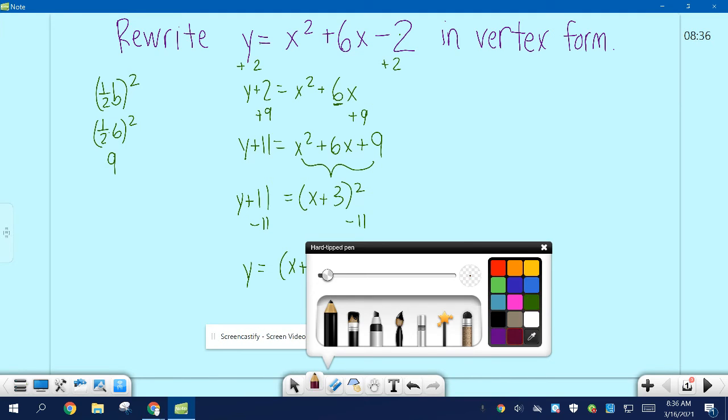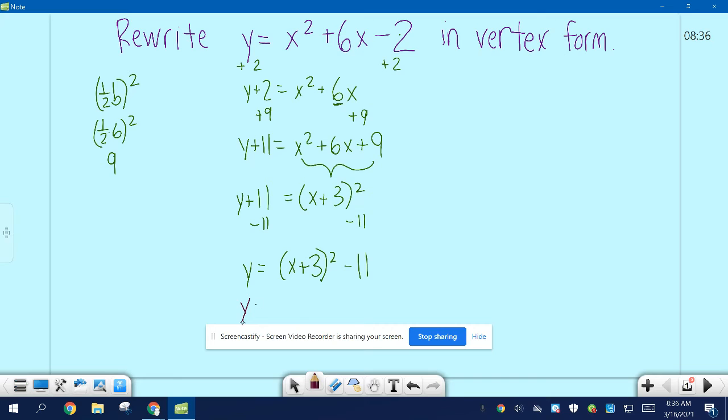And vertex form looks like this. y equals a(x minus h) squared plus k. And (h, k) is the vertex. Why do we need another form to write these equations? Well, because this format tells you the vertex just by looking at the numbers in there.